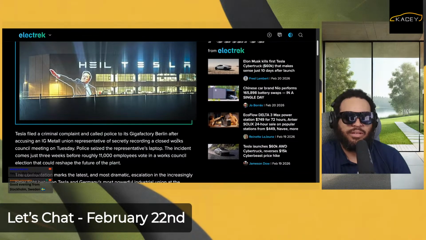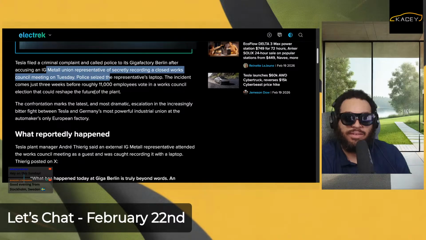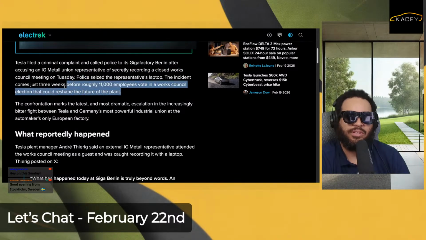All right, so we've got: Tesla filed a criminal complaint, called police to its Gigafactory Berlin, accusing an IG Metal union rep of secretly recording a closed works council meeting on Tuesday. Police seized the representative's laptop, and the incident comes just 3 weeks before roughly 11,000 employees vote in a works council election that could shape the future of the plant. Now, IG Metal doesn't have the majority of representation on the works council board, but they do have the largest of the unions represented on the board.